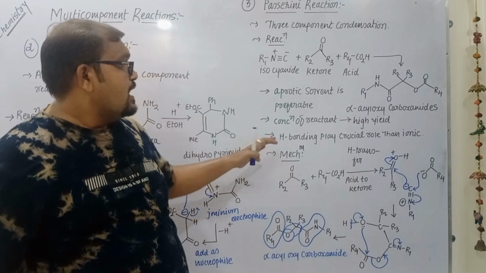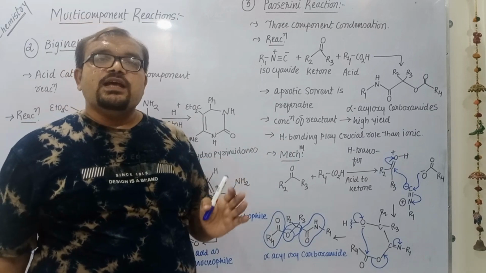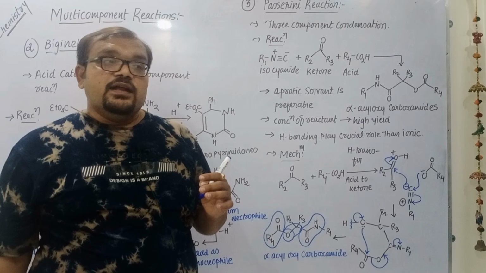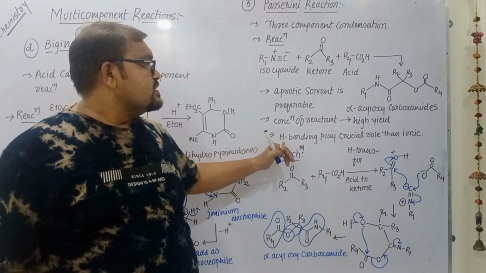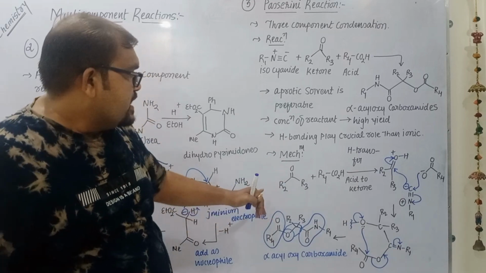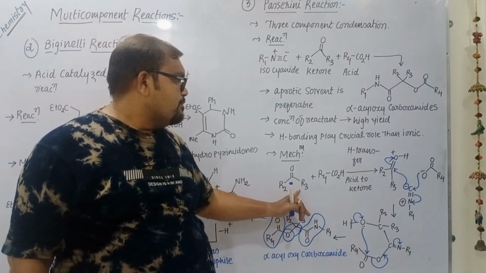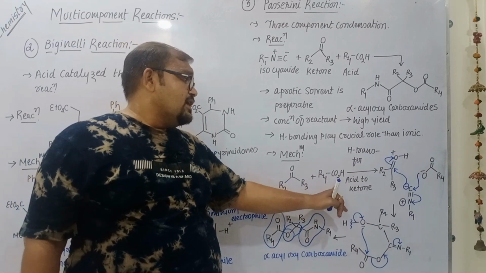And last but not least, H bonding plays a crucial role rather than an ionic pathway. And from the mechanism we can prove this statement, as in the mechanism we can see that this carbonyl compound reacts with acid. So what will happen here?